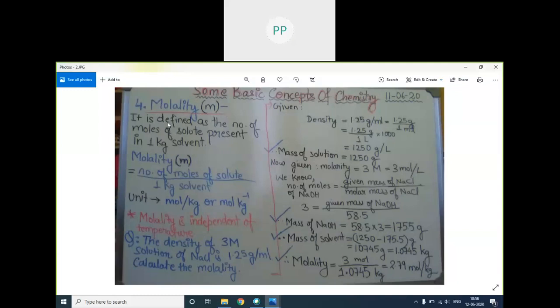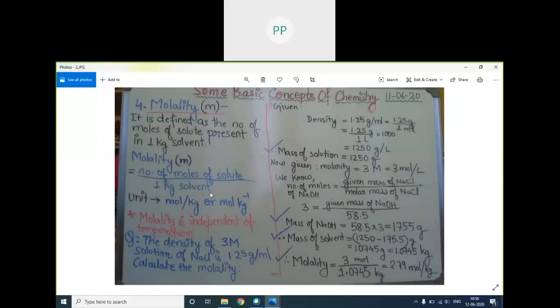Molality is defined as the number of moles of solute present in 1 kg solvent. Just compare with that of molarity also. Here molality equals, in mathematical form, number of moles of solute divided by 1 kg solvent, or you can write mass of solvent in kg.